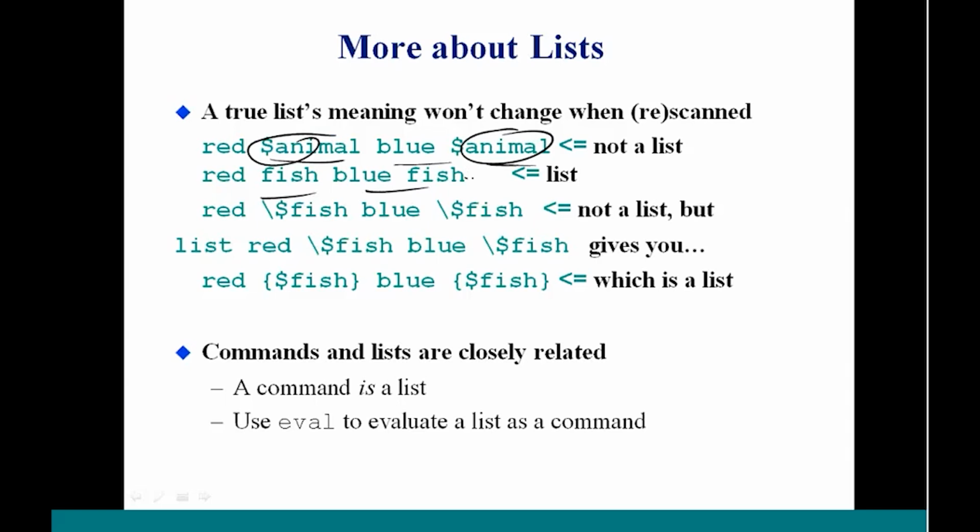Now fish, blue fish, red fish, blue fish, this is the list. Now red escape fish, blue escape fish, this is not a list, but if you say just list red, this one, this gives you basically red, and then it puts this as one collection, and now this can be a list essentially, since that is a word.